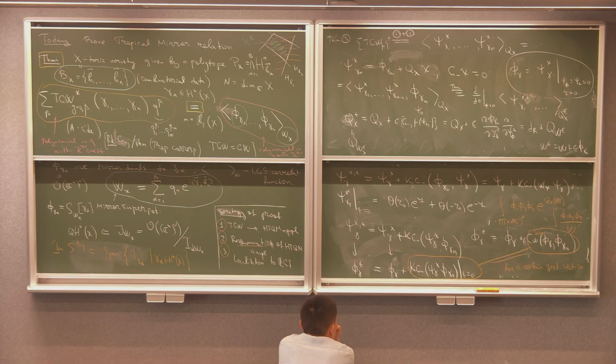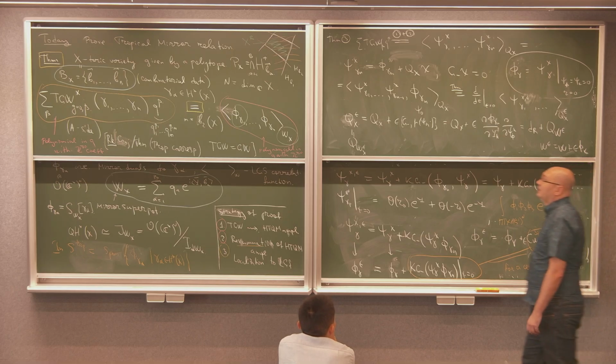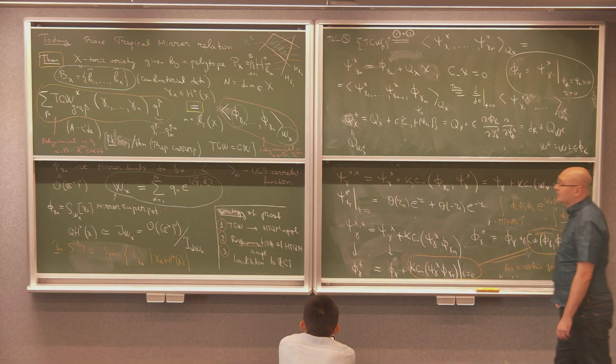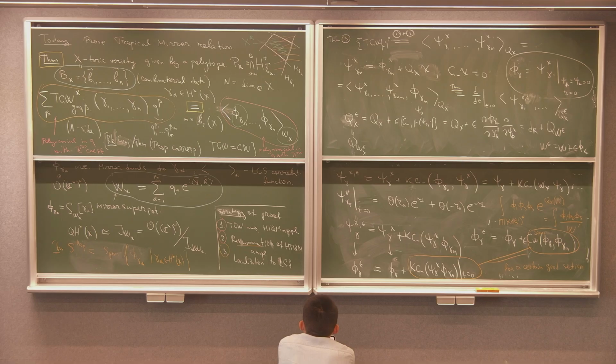And that makes all relations for observables useless, because we are eventually not interested in localizing observables, but in proving this tropical mirror relation, where one correlation function for one kind of observable is equal to a different correlation function for a different kind of observable.